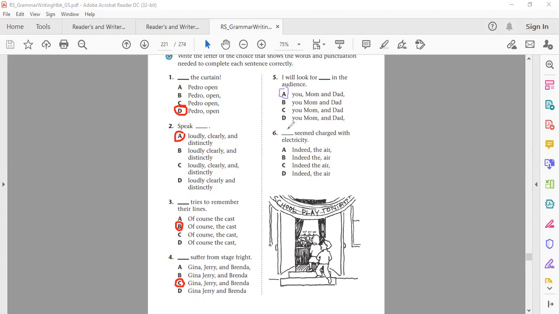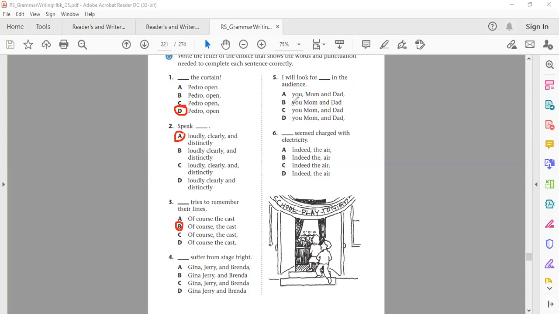Miss, isn't it C? You, mom, and then comma because there's "and." Oh, there's "and." Yes. Just a minute.